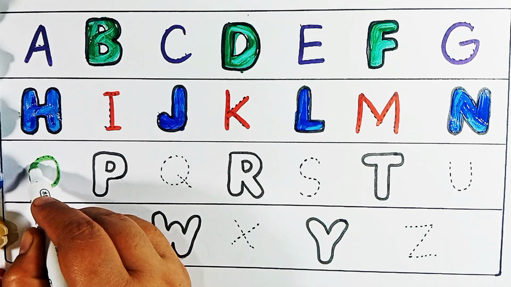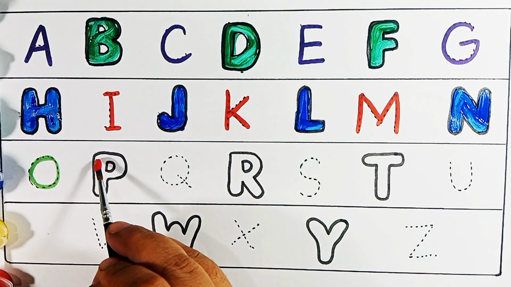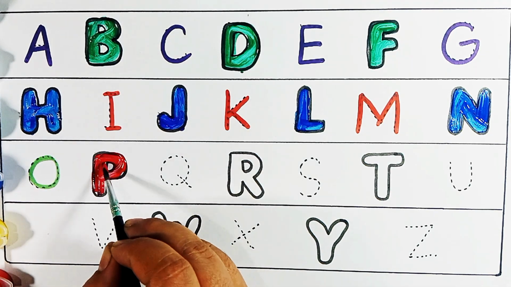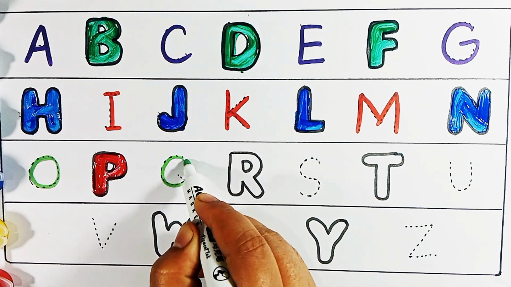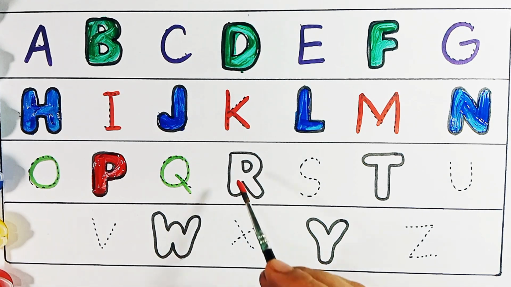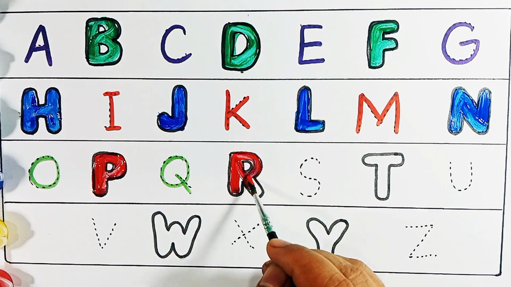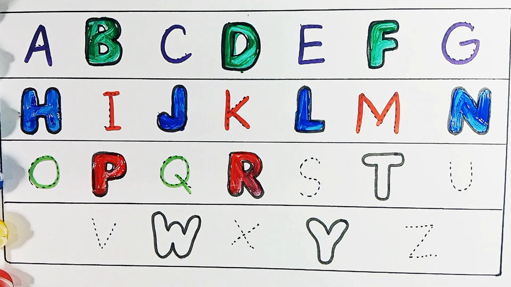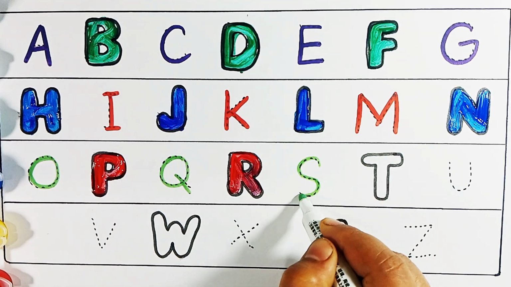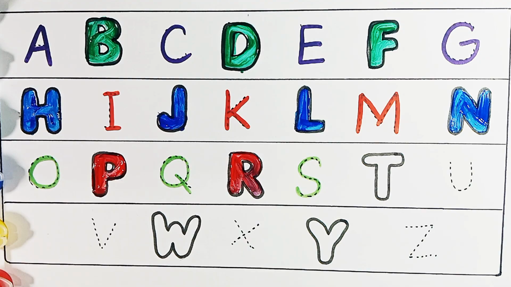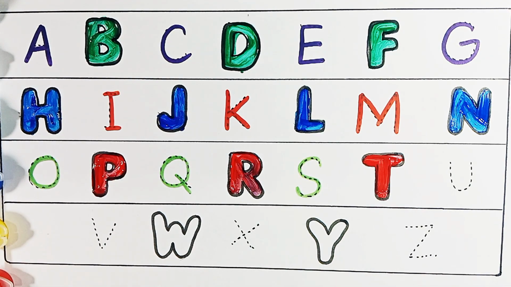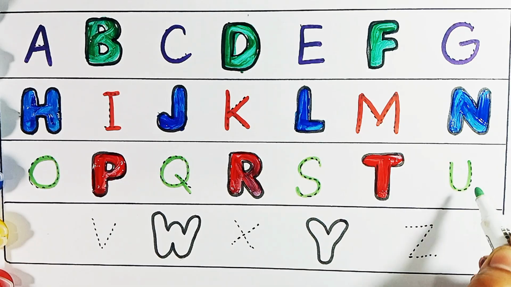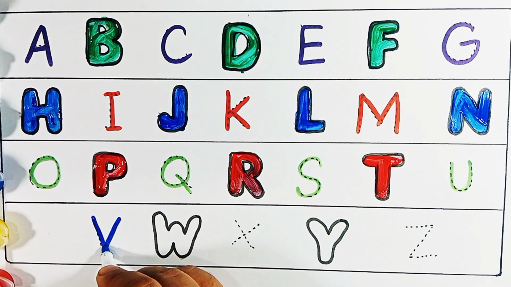O is for onion. P is for parrot. Q is for queen. R is for rose. S is for sun. T is for tiger. U is for umbrella. V is for van.